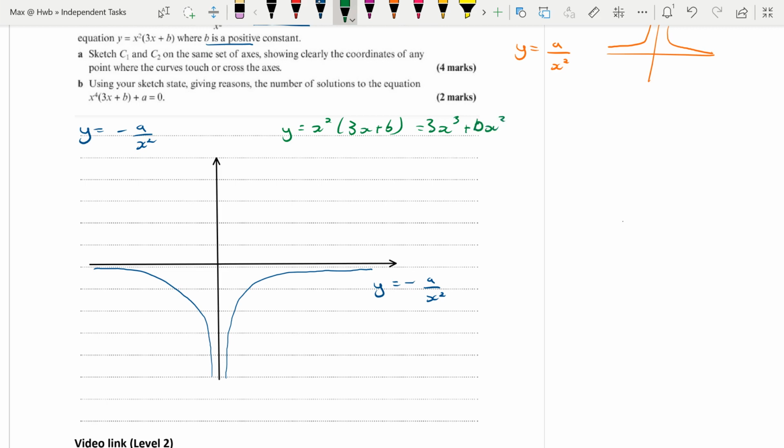That's a positive cubic, which means I should have something with a shape like this. So if I solve this, when y is 0, it's already factorized for me: 0 equals x squared times (3x plus b). So either the first part is 0, so x is 0, or this bracket is 0, and if I solve that, I get minus b over 3.